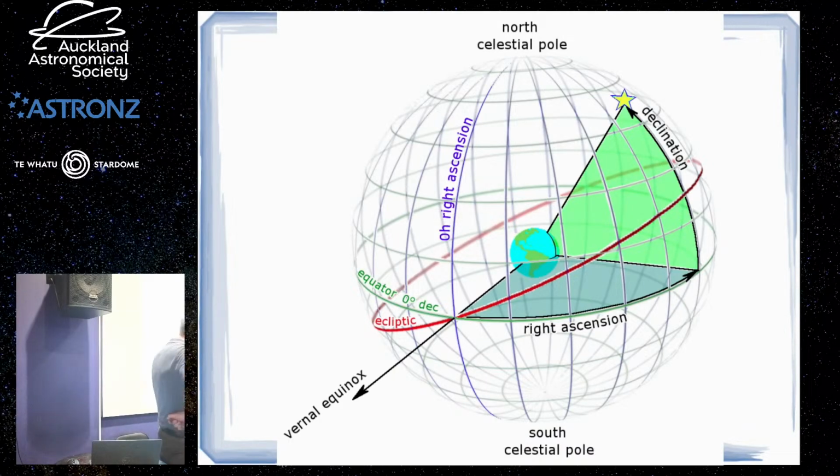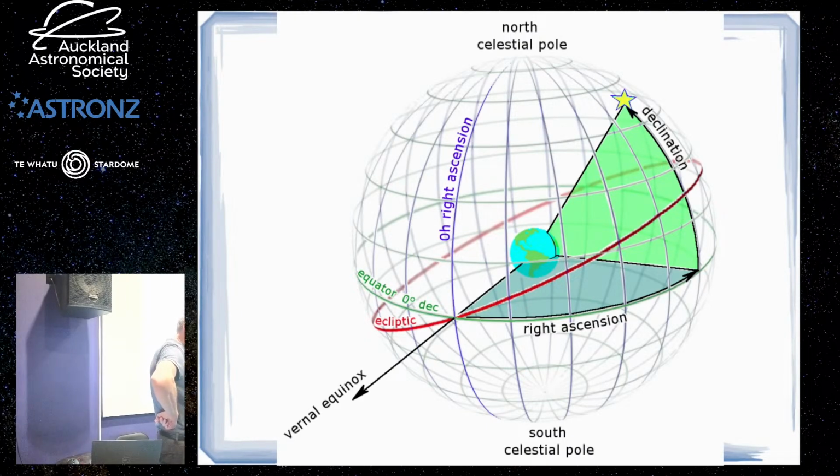And instead of measuring an angle around that, right ascension, we measure in time. And it's not the same time as you use on a clock, which is solar time, mean solar time. For the sky, we use what's called sidereal time. And the difference is just under 4 minutes each day.